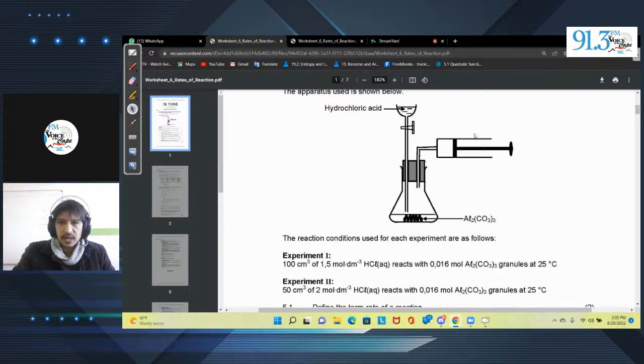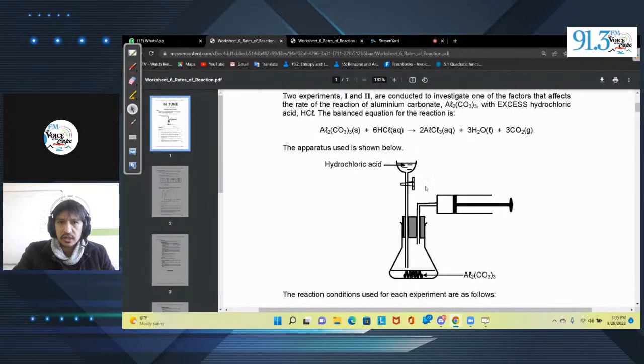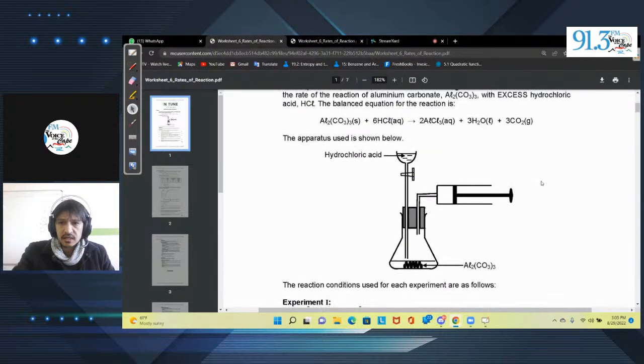And then over here, we have a type of syringe that's plugged in through this cork. It's going into this Erlenmeyer flask over here. What is essentially happening in this reaction is that as the hydrochloric acid is being added, the aluminium carbonate is turned into aluminium chloride, which is aqueous, so it's going to be the liquid section with some water, and then carbon dioxide gas is going to be released. So what you should be seeing is some bubbling occurring beneath the bottom of the Erlenmeyer flask.